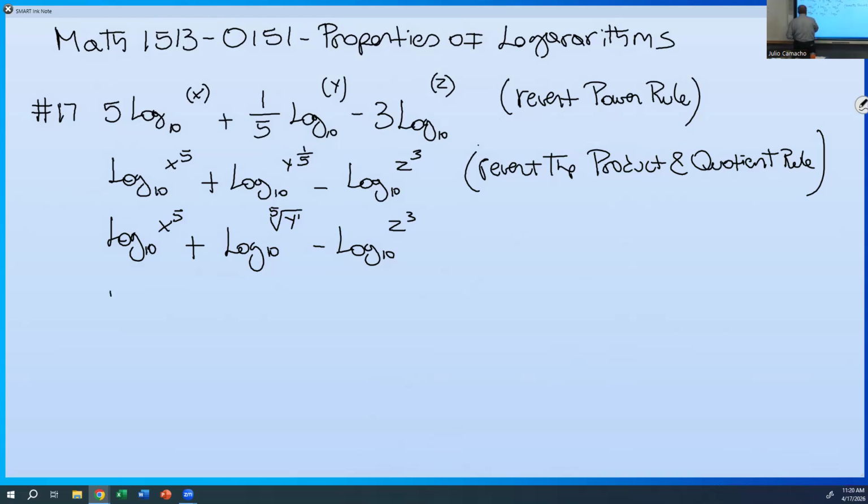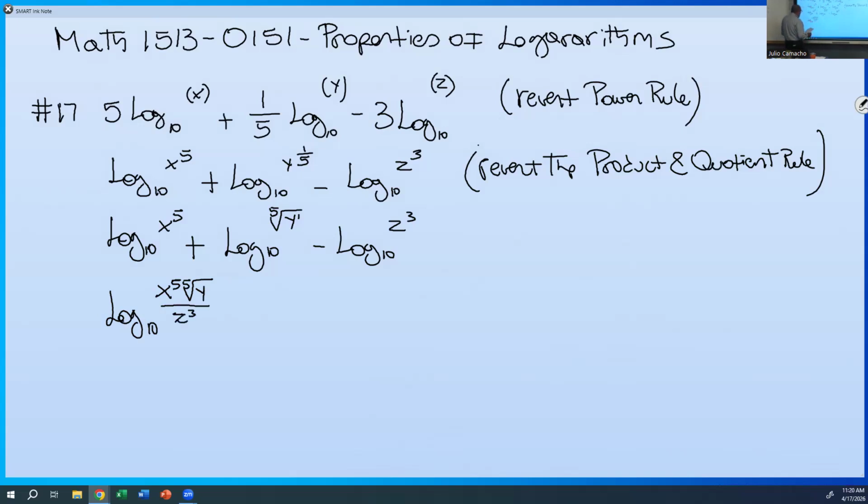So to put all together, we have the log 10 of x to the 5 times the cubic root of y, over z to the 3rd power.